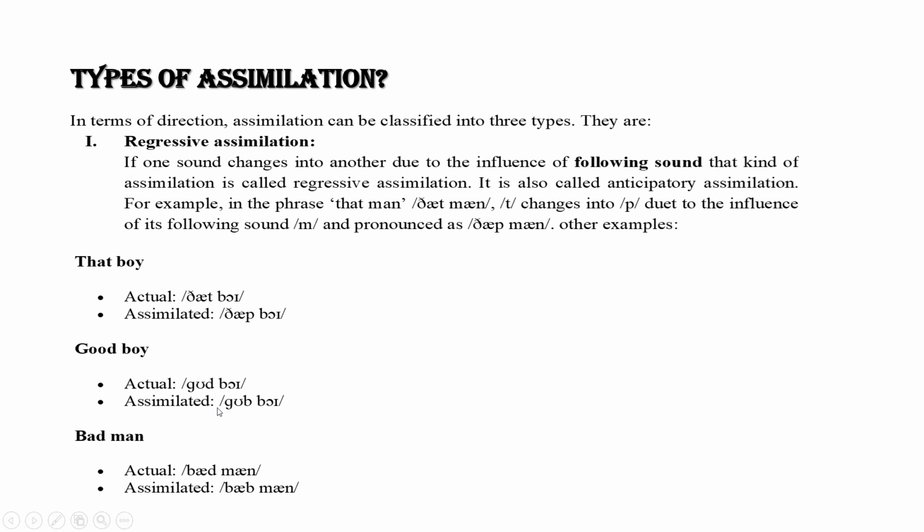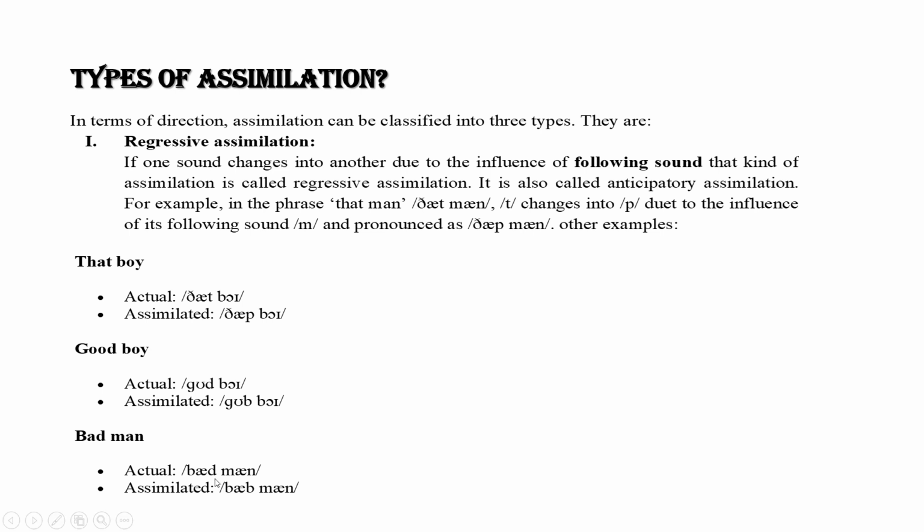The d sound of good changes into b, and it changes into b due to the influence of the following sound, that is b in boy. Similarly, "bad man". The actual pronunciation is "bad man", but the assimilated pronunciation is "bab man".